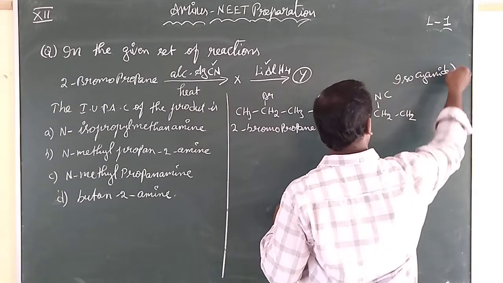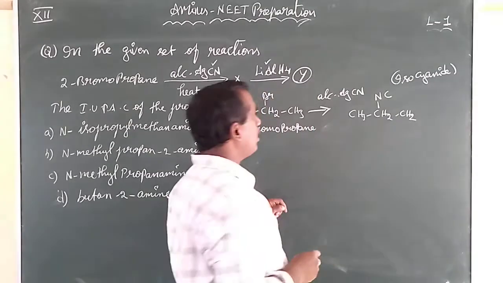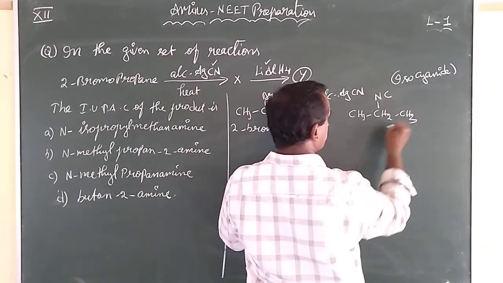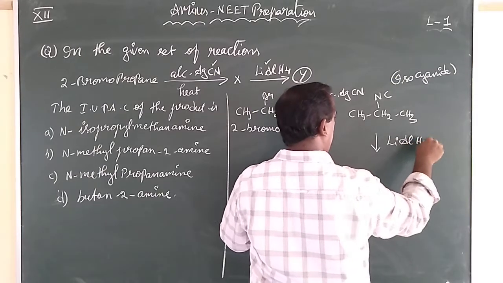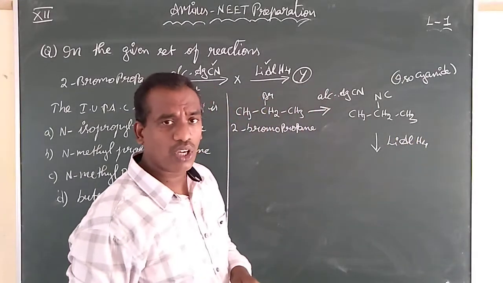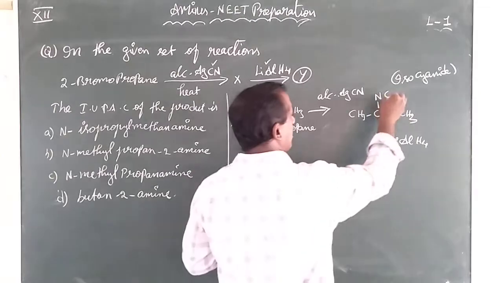So this isocyanide that is formed in this case is X, with CH3 here. You are reacting that with lithium aluminum hydride. Lithium aluminum hydride is a very strong reducing agent.